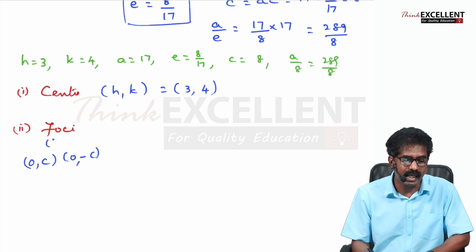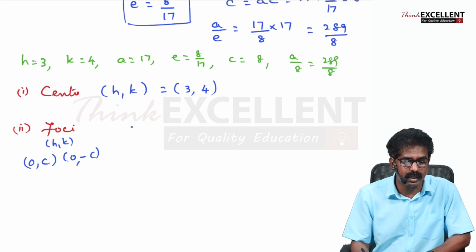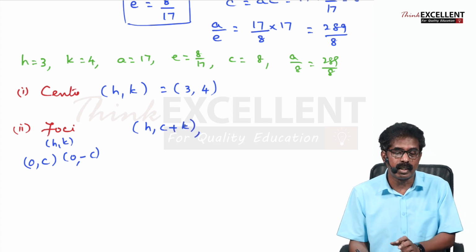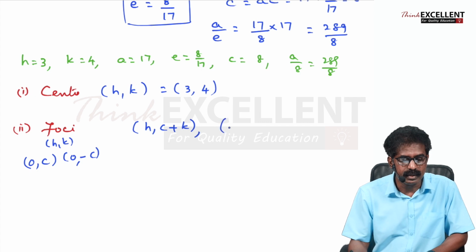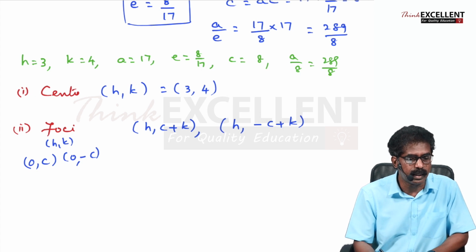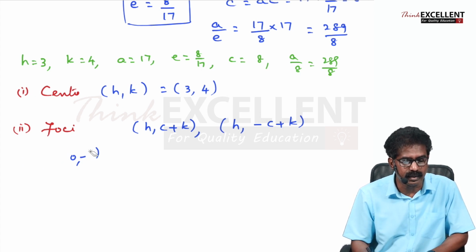But here it is h, k, so you add that h, k. So what do you get? 0 plus h, so it is h, c plus k. X coordinate add h and Y coordinate add k. And for the second one, 0 plus h, it is h, minus c plus k. Hope you understood this.